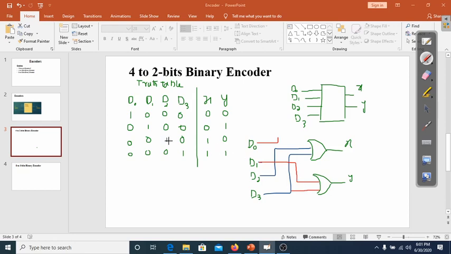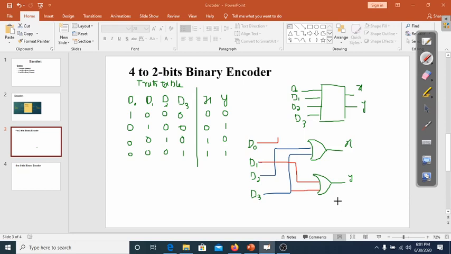And when D2 is active high and the remaining inputs are active low, in this case D2 is equal to 1, so x is equal to 1 here, and y is equal to 0 when D1 is equal to 0 and D3 is equal to 0.